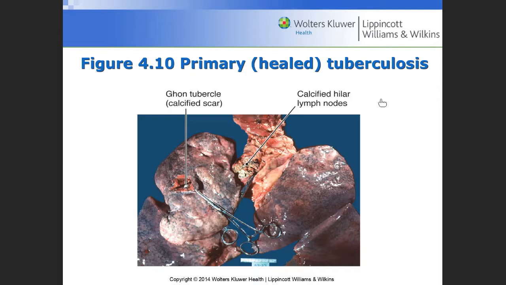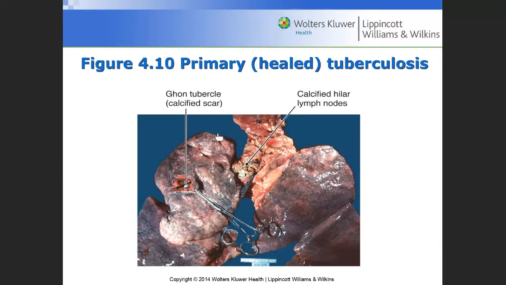This is a primary healing, also known as a Ghon tubercle or particle. The hilum is where, here would be considered your trachea, and then you have your primary bronchus that goes into the lung, and in the hilum is where typically you get a TB infection.